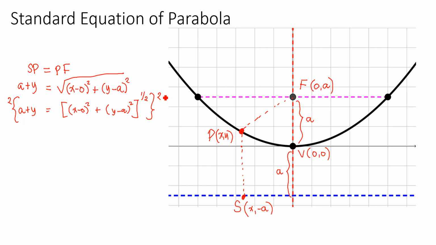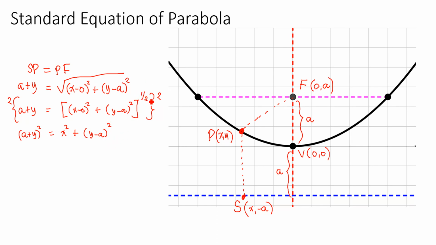Therefore, you have the quantity of a plus y squared equals, of course, x minus 0 is equal to x, so x squared plus the quantity of y minus a squared.